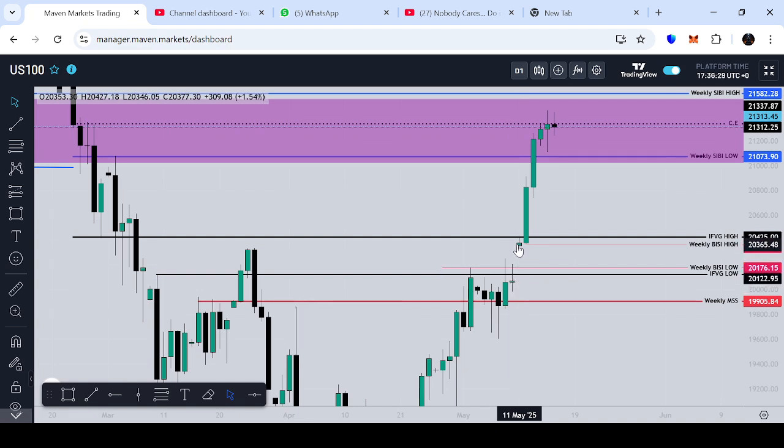The gap between Friday 9th May and the 11th May opening price for last week, Sunday, Monday, Tuesday, Wednesday, Thursday, then Friday closing at the consequent encroachment of the weekly CE, sell side imbalance, buy side inefficiency.